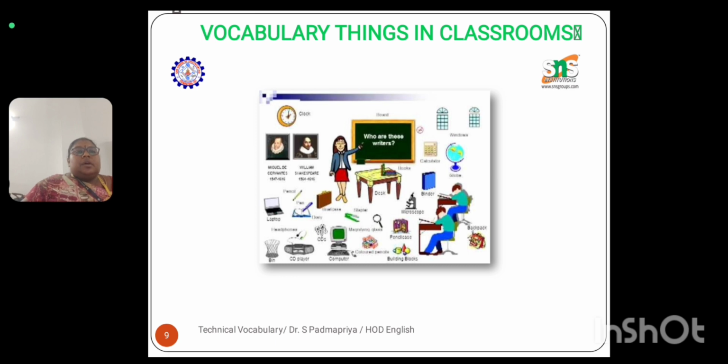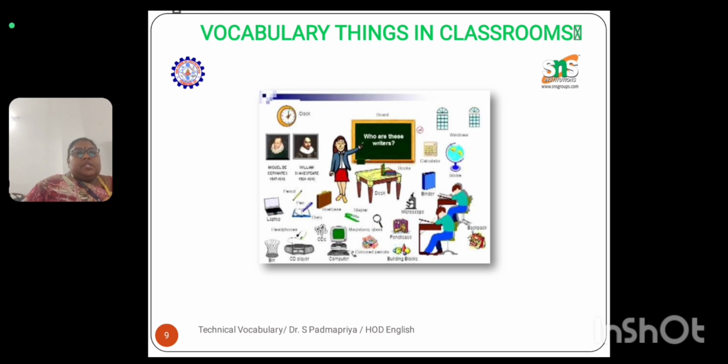And this technical vocabulary can also be developed, as it is the study of word meanings, which helps us to identify the technological aspect of that particular word and then use it accordingly, appropriately to the necessity.